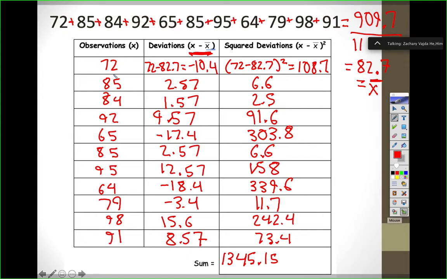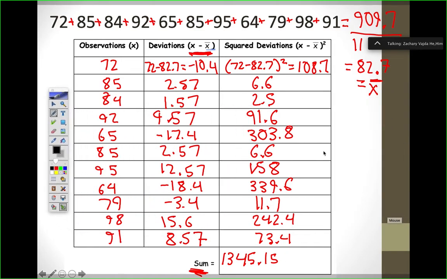You take every observation, you have to find the mean. Then you do each test score minus the mean. And you square it. Now I sum them all up. We're almost done.